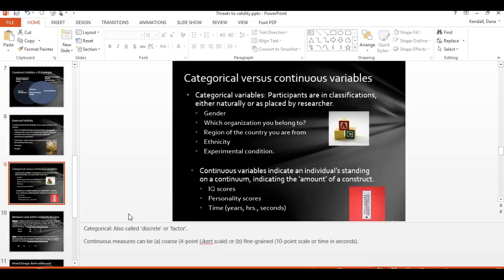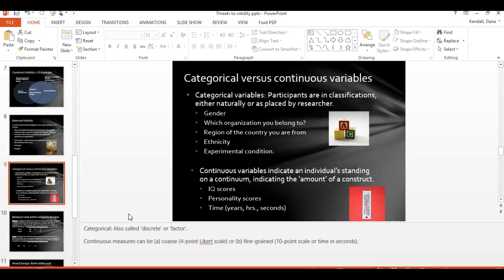Okay, so categorical variables are things like gender, what org you belong to, experimental condition. Were you in the condition where your mood was manipulated or your self-efficacy was manipulated somehow, or were you in the control condition where it was not?